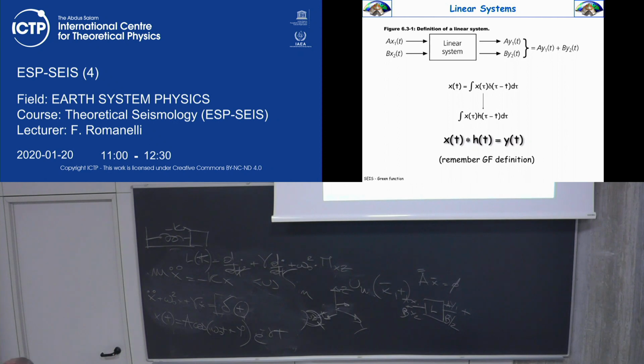So, in general, when you have a linear system, and let's imagine that, for example, it's a function of time, like this, an L of t.